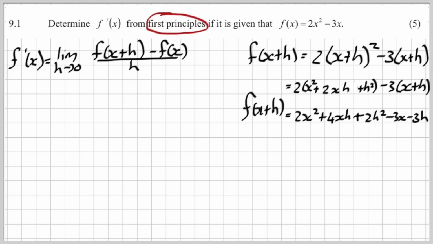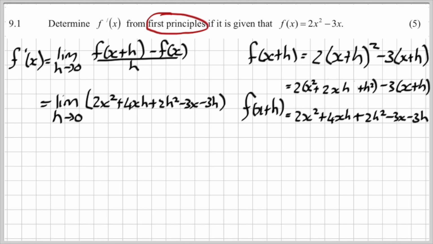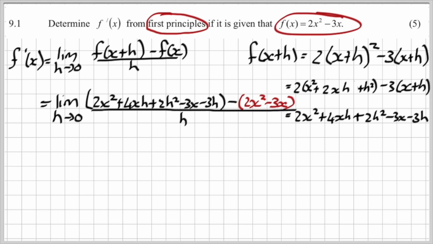When we look at substituting into the formula, I'm going to substitute my f of x plus h into that part of the formula. Let me just erase this f of x plus h here to make a bit of space. Then I'm going to substitute that minus f of x. Remember that then goes into there, into f of x.